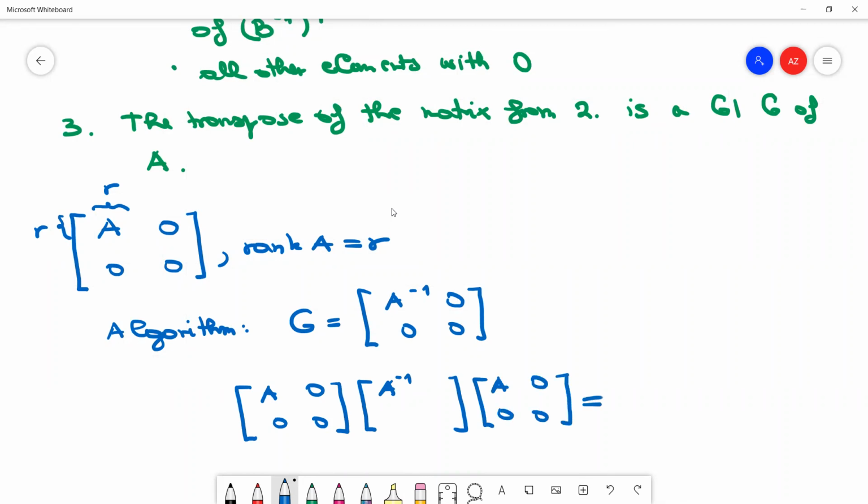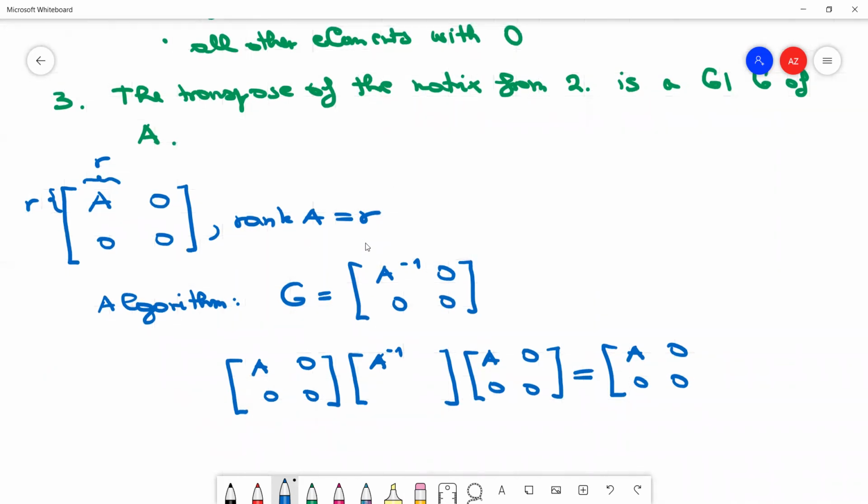And the result must be A, 0, 0. So the algorithm says that we have zeros in those remaining entries, and this is one of the generalized inverses. However, we can notice that what we have in the bottom row doesn't have any impact on the calculation.